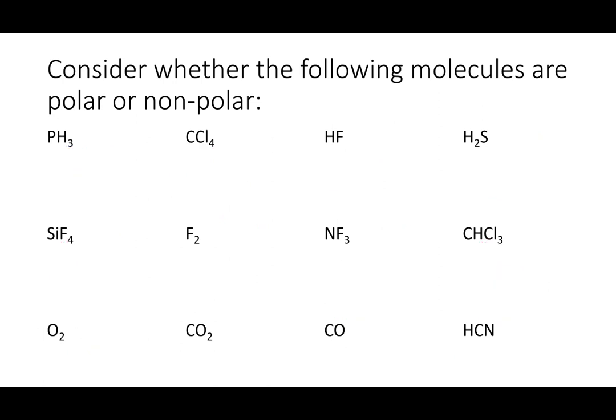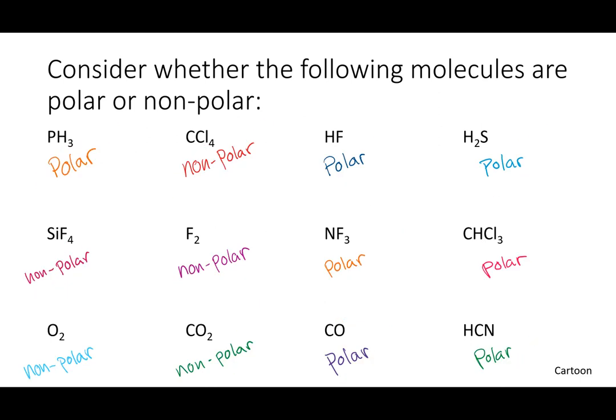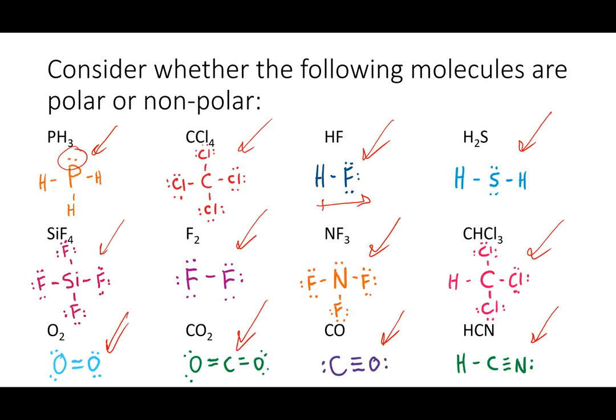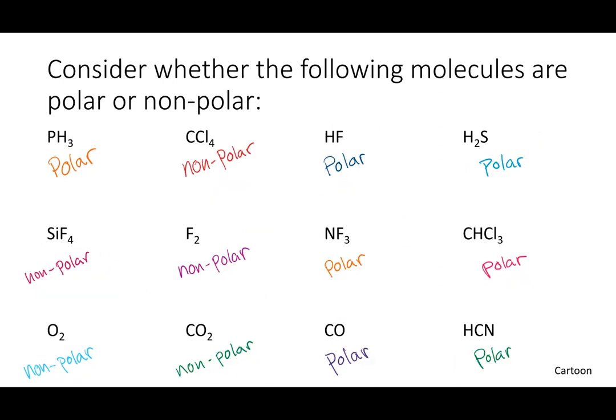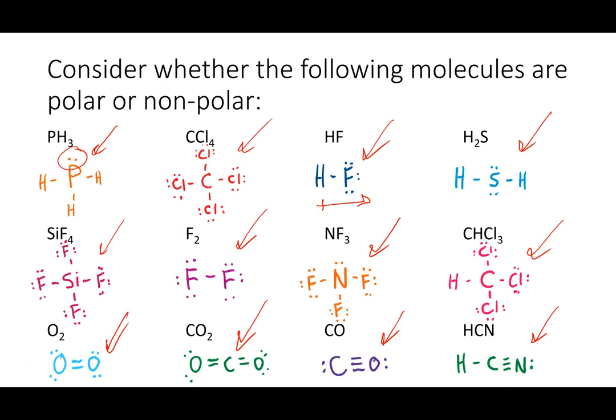Okay. H2S is polar because it is a bent molecule, and all bent molecules, as you'll see, are polar. SiF4 is nonpolar for the same reason that CCl4 is nonpolar, because of symmetry. It's tetrahedral, and everything around the central atom is the same thing.